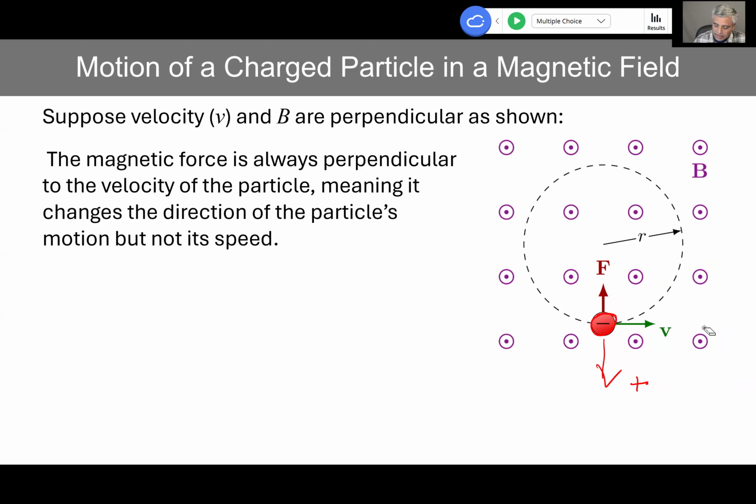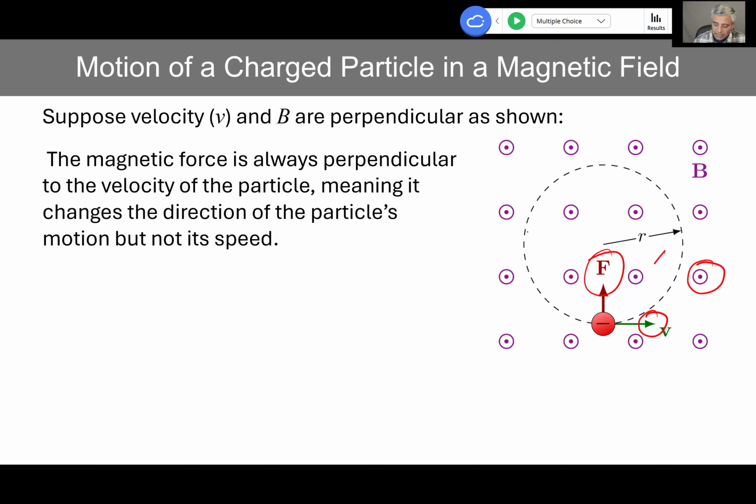And remember, in this case, the direction of V did not change. It was the same as in the previous slide, but the magnetic field changed. The magnetic field was going in in the previous case; in this case, it's coming out. So it makes sense that the force is pointing up at that point.